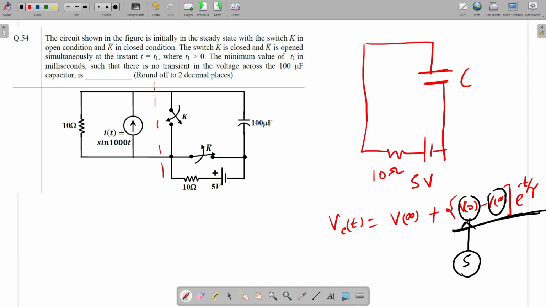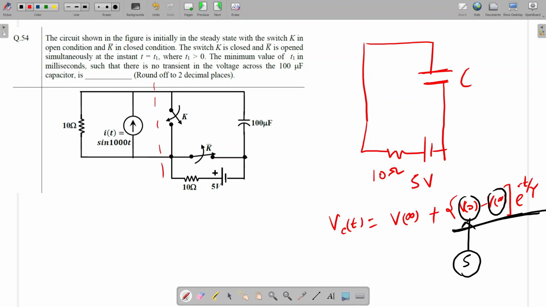Okay, so we can analyze this circuit at t equals 0 minus. The capacitor voltage should be 5 volt. I'm drawing the circuit at t equals 0 minus. This is short and this is open. What will be the voltage across this capacitor?